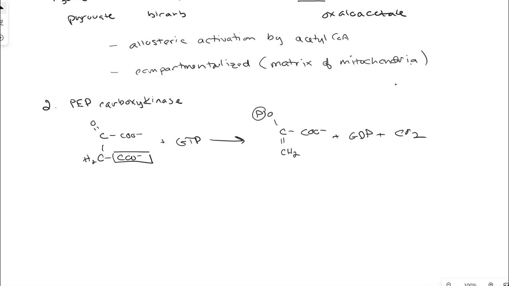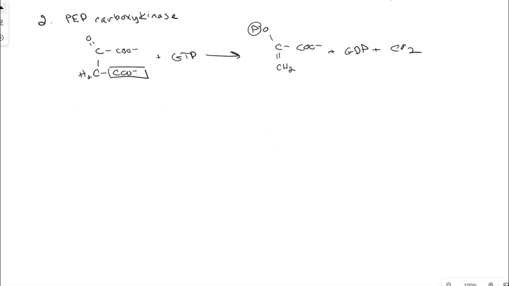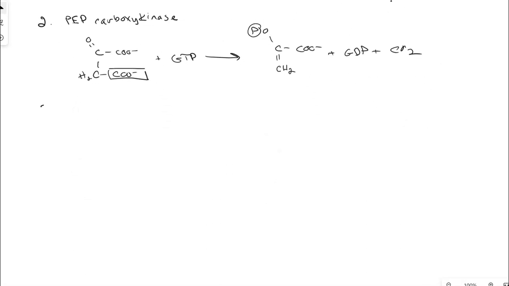So we're going to skip all the way to fructose 1,6-bisphosphate and look at the third unique reaction of gluconeogenesis. And this is going to be fructose 1,6-bisphosphatase.